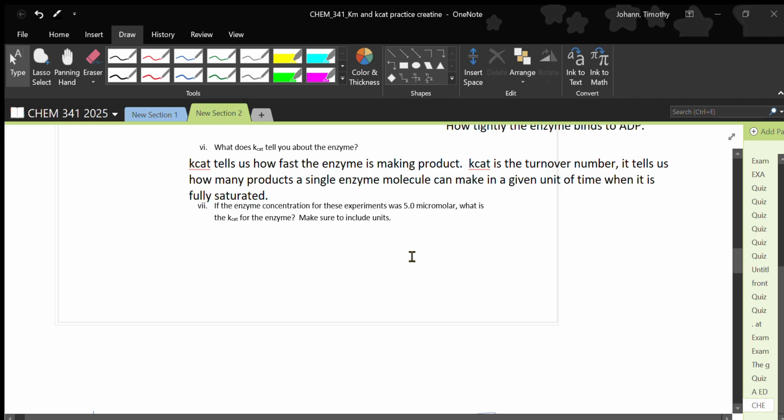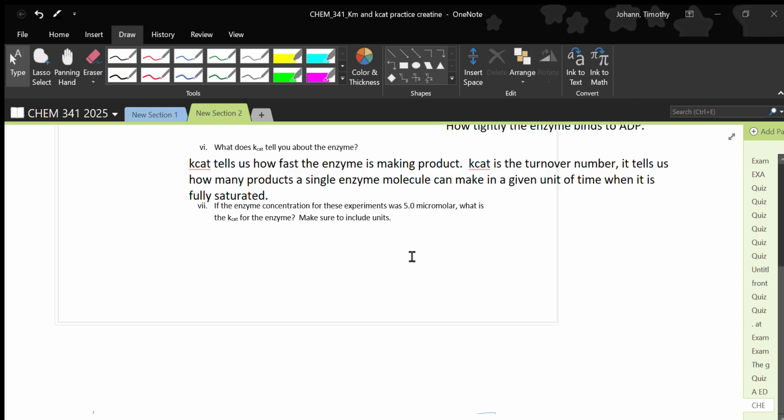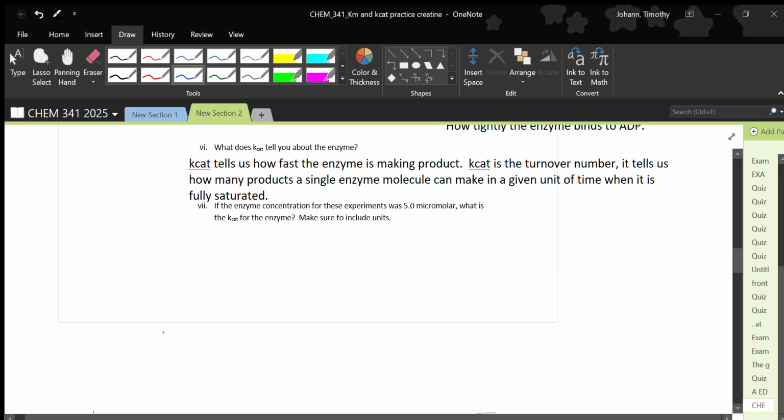All right, let's do the next one then. If the enzyme concentration for these experiments was 5 micromolar, what is the Kcat for the enzyme? Now units matter. Okay? So what we know is that our Vmax is equal to our Kcat times our total enzyme concentration, right?